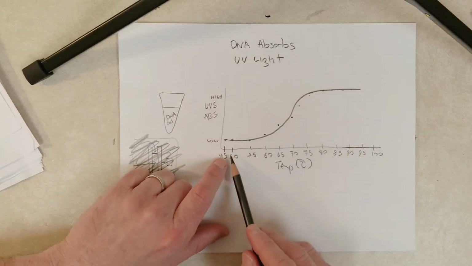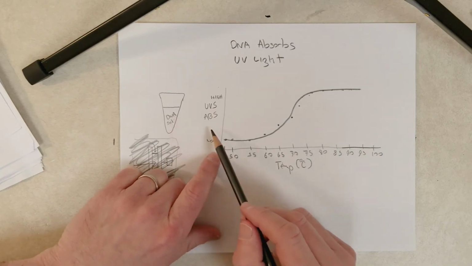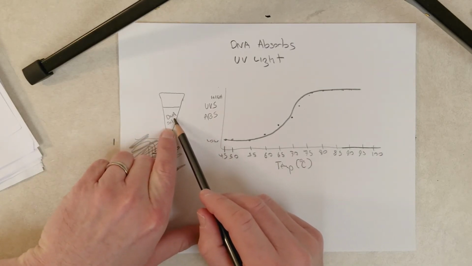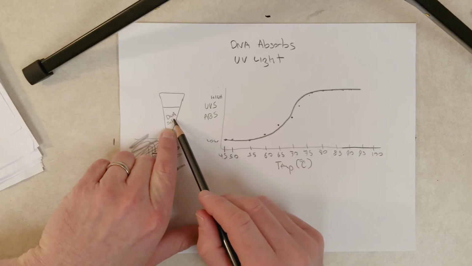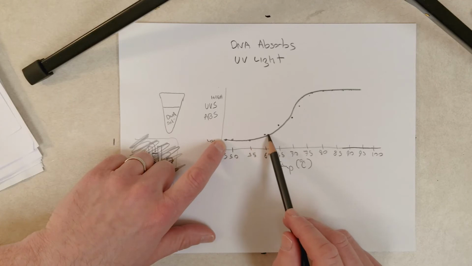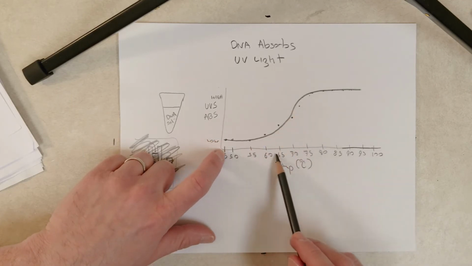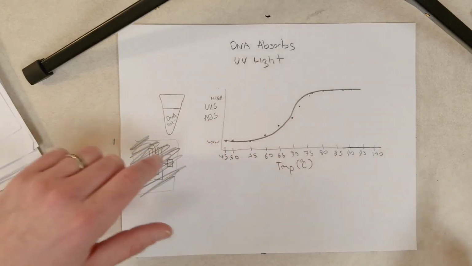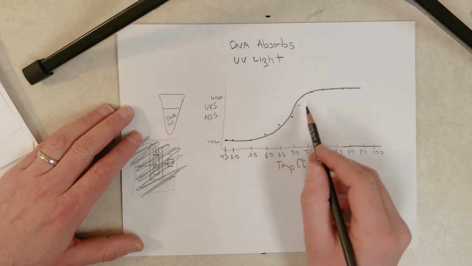So again, what we did was we took the solution, we measured the amount of UV light that was being absorbed by the DNA in the solution, and we saw that the amount that is being absorbed increased as we increased the temperature of the solution. Now, what's going on here?